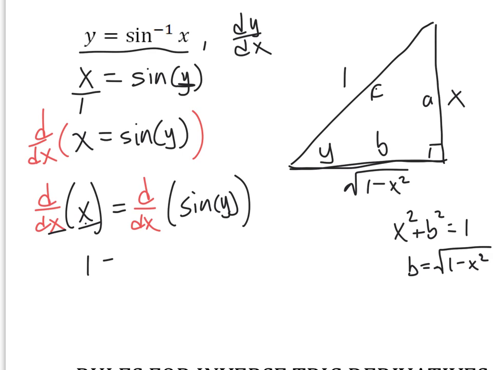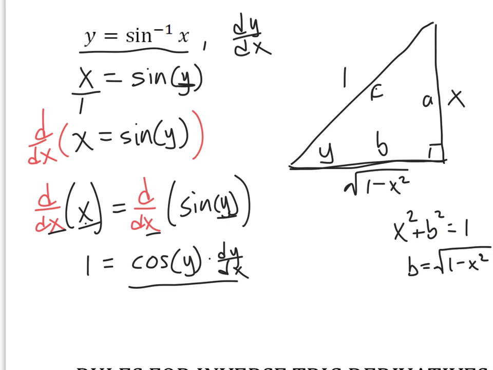And if I take the derivative with respect to x of sine of y, I have to use implicit differentiation, the chain rule. So I get cosine of y times dy/dx.